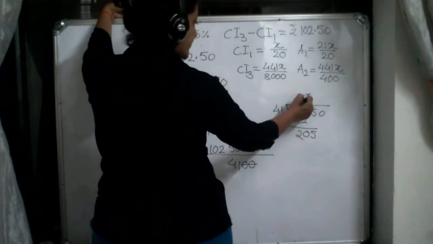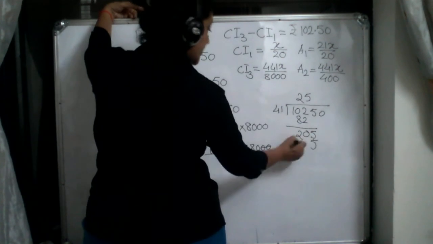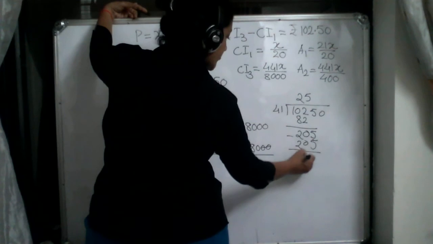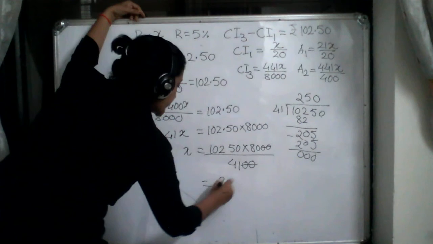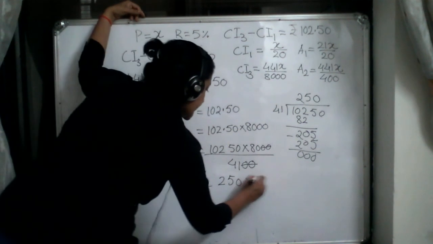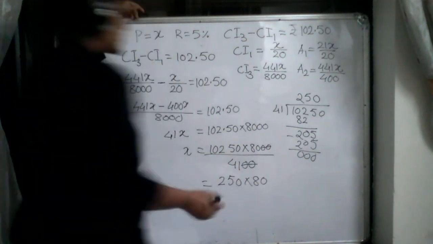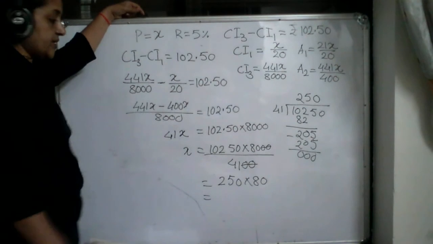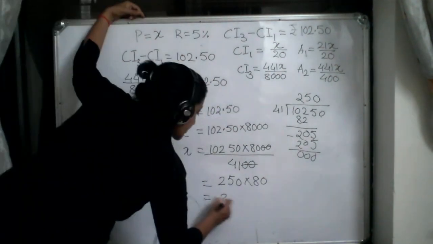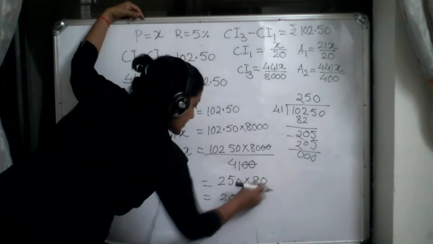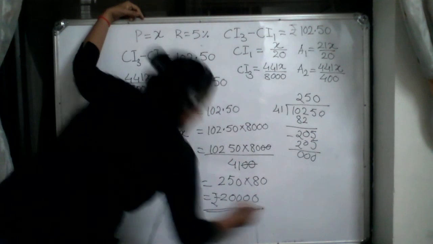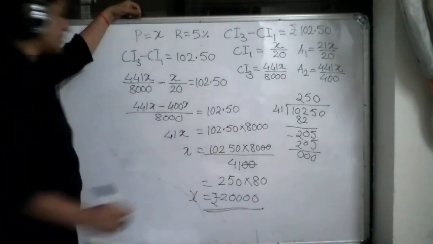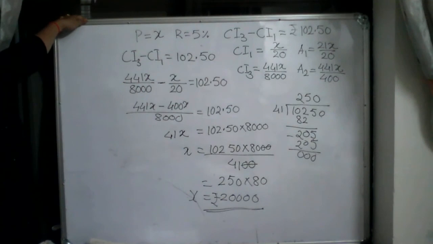When will you get 205? 5 1s are 5, 5 4s are 20. So you will get 0 0. But what about this 0? For this 0 I am supposed to take a 0. So it will be 250 into 80. Now you know the 25 table: 25 4s is 100, 25 8s is 200. So if it is 200 with 25 and 8 and the other 2 zeros, it becomes 20,000 rupees, the principal which was invested.